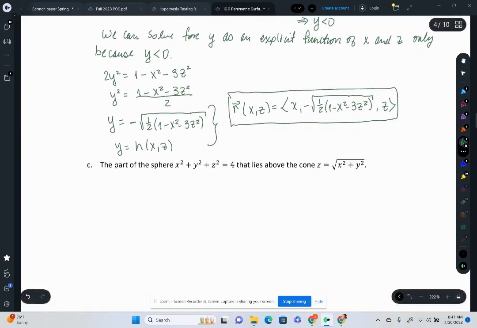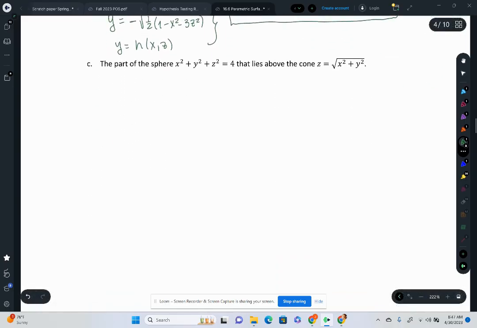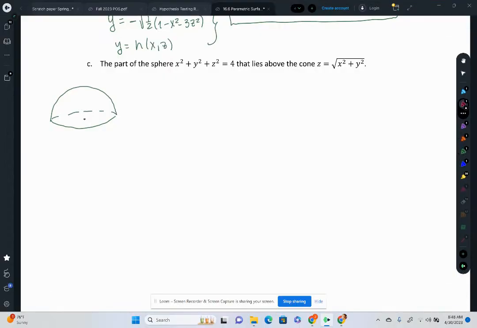All right, now in part C, we want the part of the sphere that lies above the cone. So just to give you a quick visual of that, I have to draw the sphere first. I'm only drawing a half sphere because they're telling me it's only the portion that's above the top half of a cone.